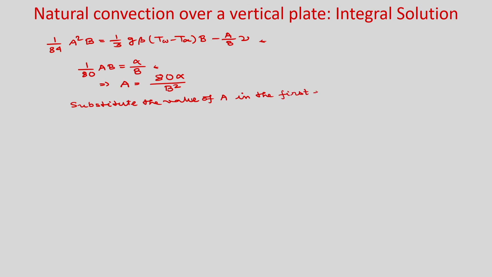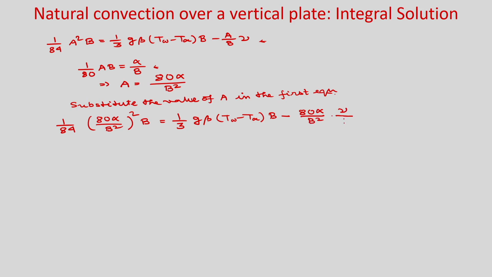What you will get: 1 by 84 into 80 alpha by b square into b is equal to 1 by 3 g beta (T w minus T infinity) into b minus, now the value of a, you write 80 alpha by b square into nu by beta.